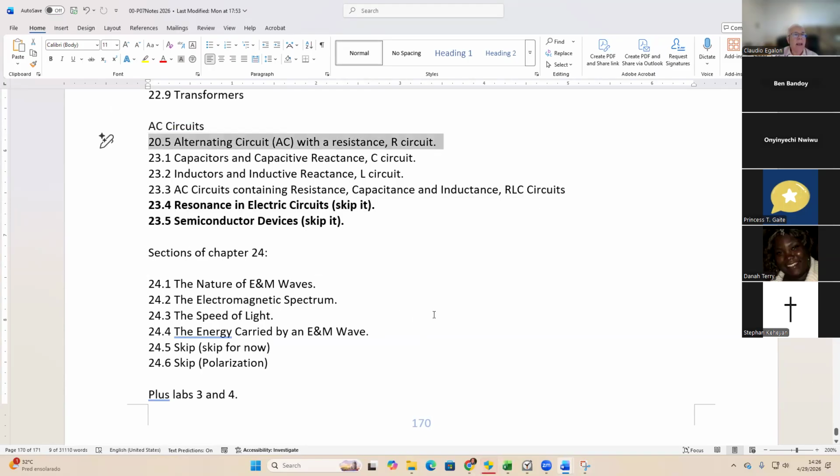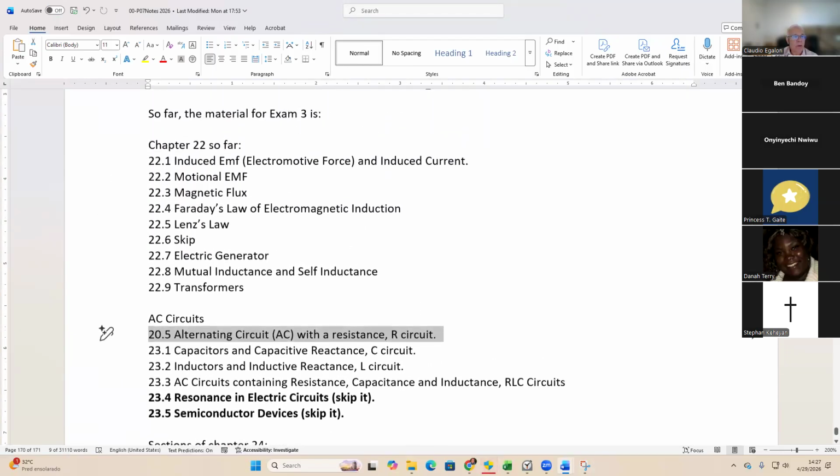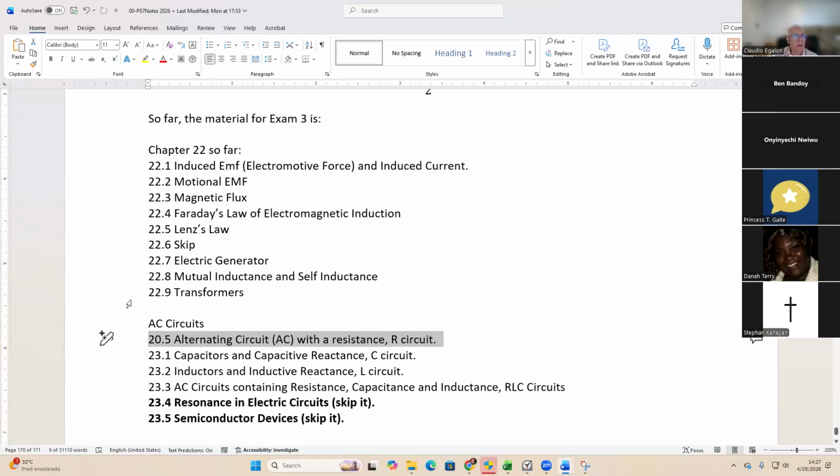Don't forget, we had that 20.5 was the beginning of our alternating circuit, right? He covered before in chapter 20. I prefer to cover it on chapter 23 because we need to know about the generator, how we create an AC source. The generator is an AC source. And that was seen only in chapter 22, right?